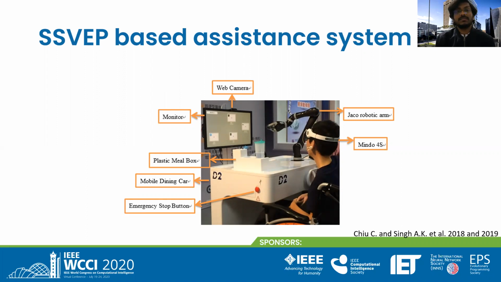So the architecture of an SSVEP BCI system is not much different from other standard BCI systems presented at the beginning of the presentation, right? So again, you also need a stimulus, which in this case is a monitor with lots of flickering stimuli on the screen.